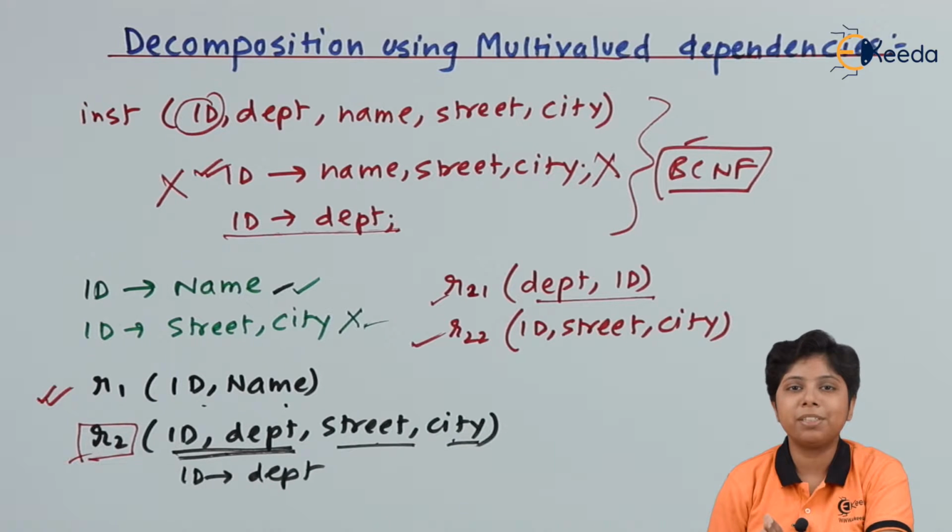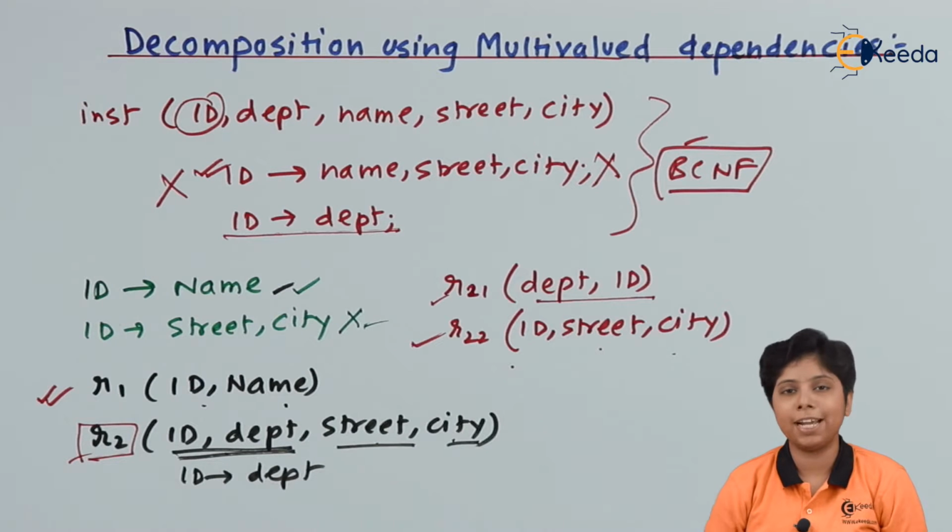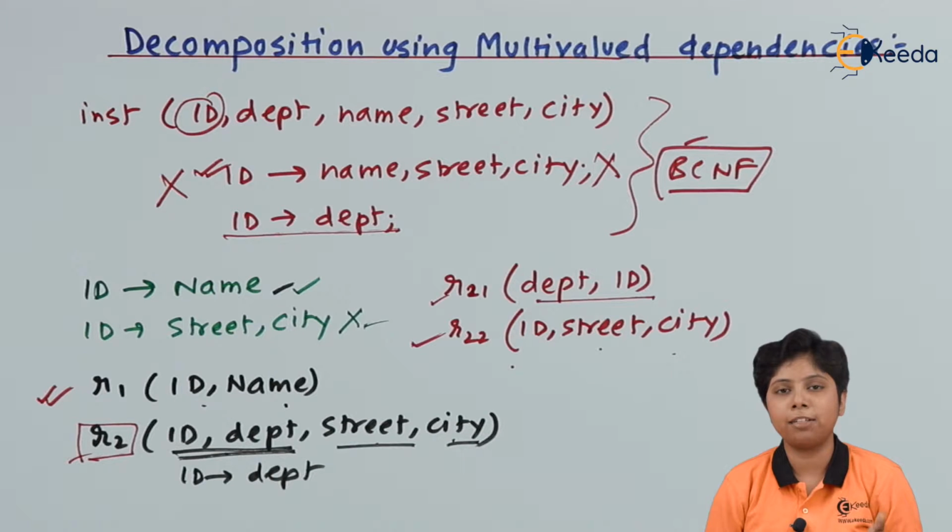Now, how to keep this third one as part of this BCNF? When I have made street and city a multi-value dependency, then we can again use it in the decomposition. Now, let us look more clearly at how to deal with this multi-value dependency.